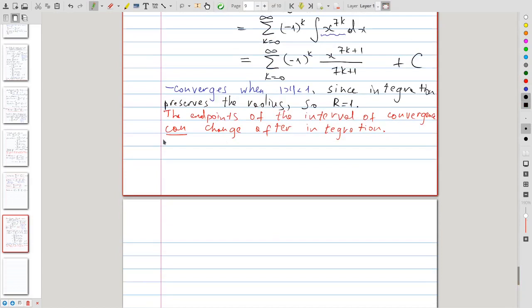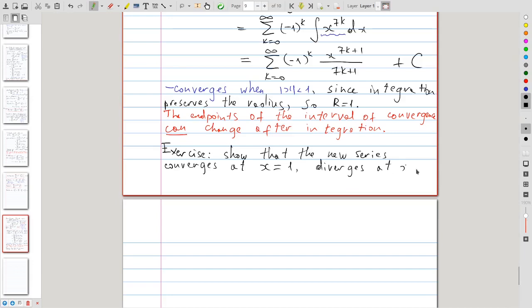So I will leave it to you as an exercise. Show that the new series, meaning this one here, converges at x equals 1 and diverges at x equals minus 1.